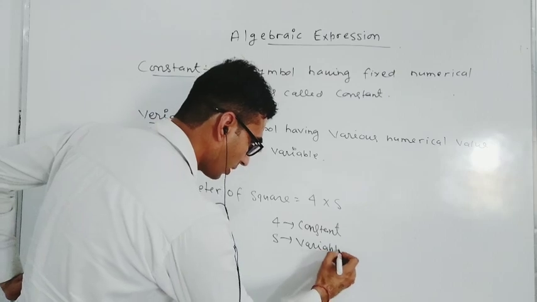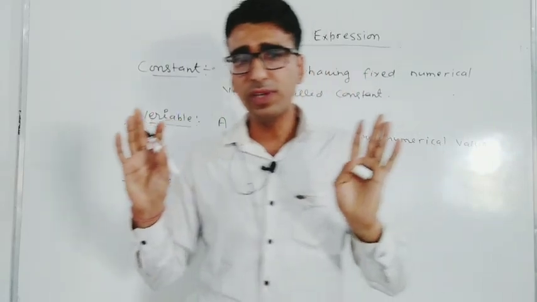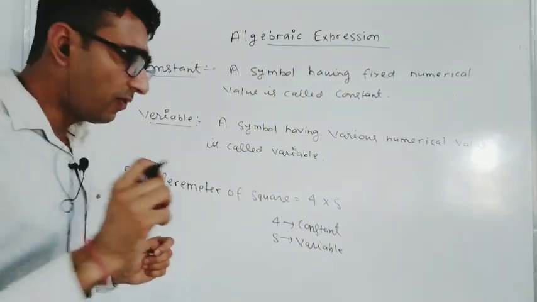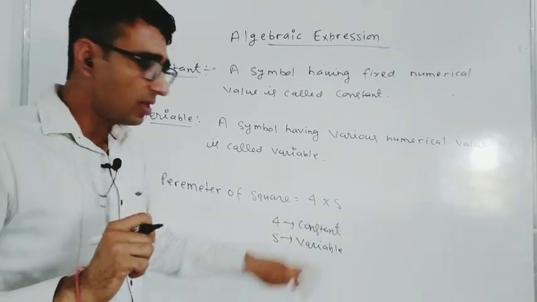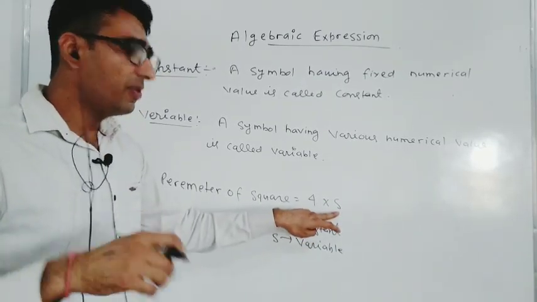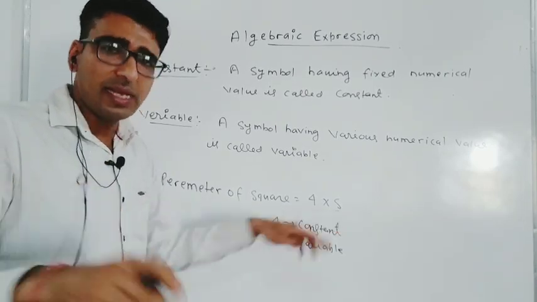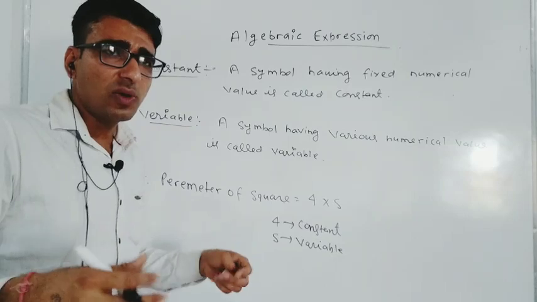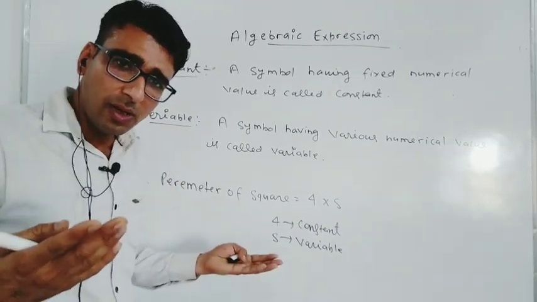How? Any square you will take, you will find anytime you can change the side of the square. Let us suppose first you take the side 4 centimeter. Next time you can take the side 5 centimeter. Next time 6 centimeter.